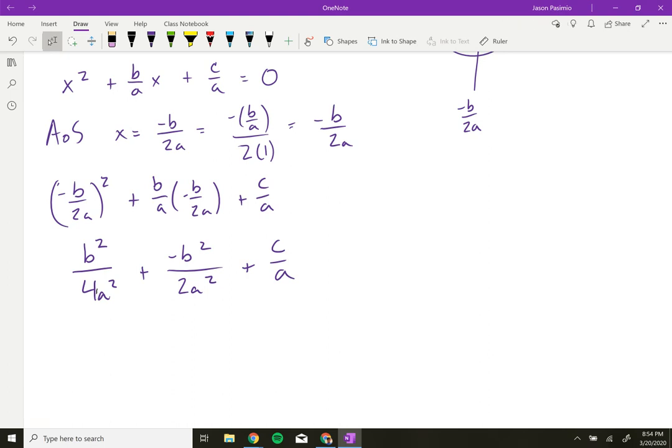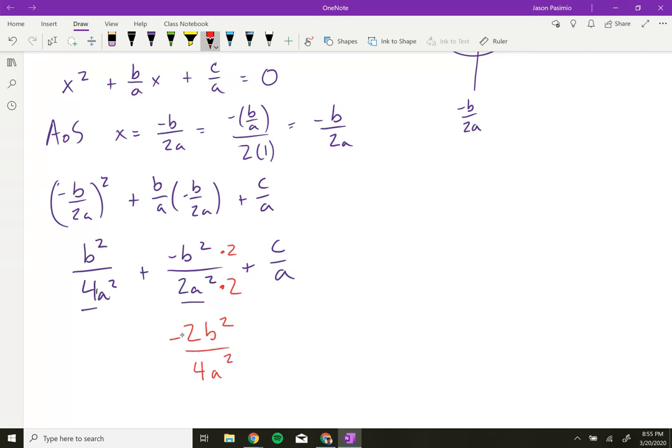So if we look at these first 2 right here, I've got a 4a squared and a 2a squared. If I just multiply that by 2, they'll match up. So I'm just going to multiply this one by 2. That would turn into negative 2b squared over 4a squared.